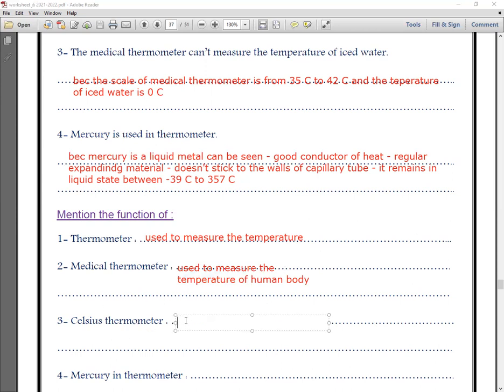Number 3, the Celsius thermometer. The Celsius thermometer is used to measure the temperature of liquids.